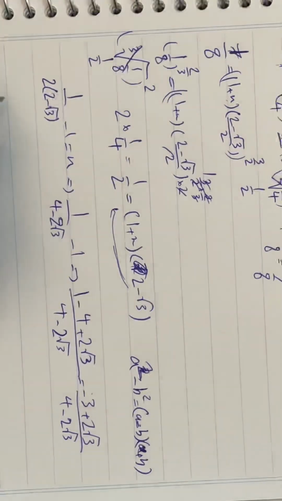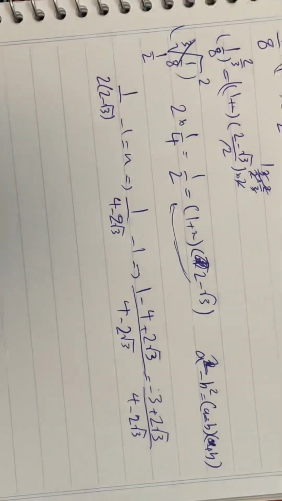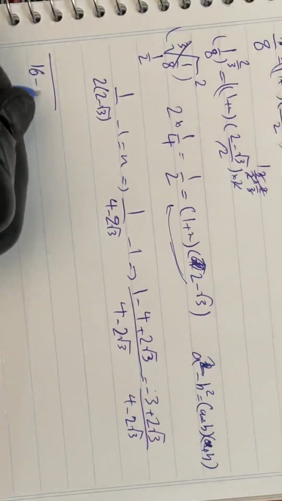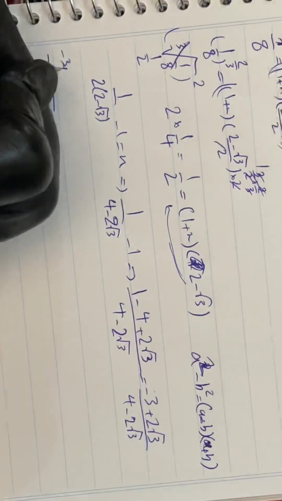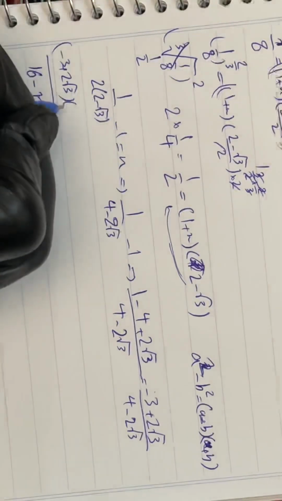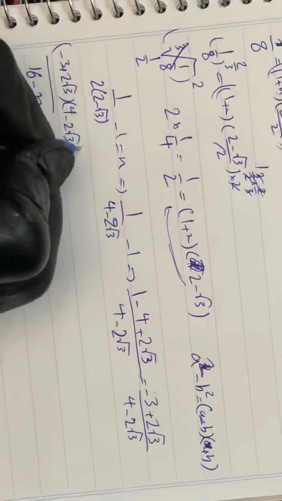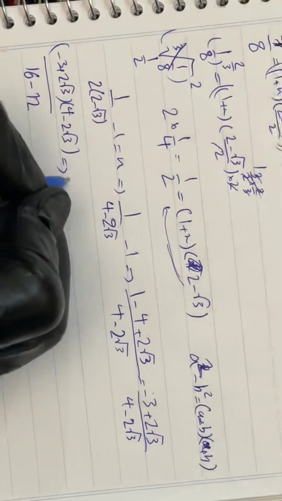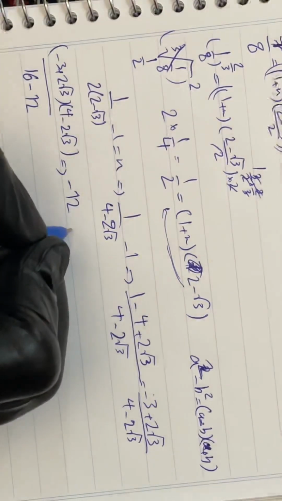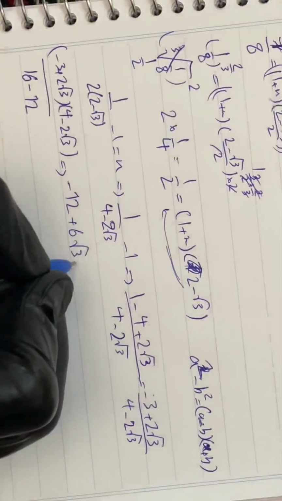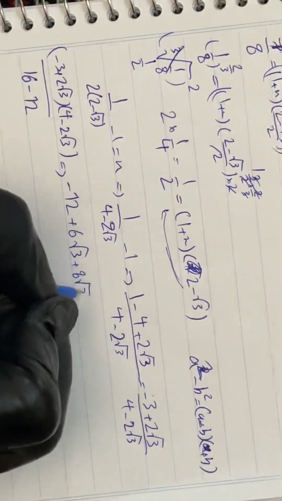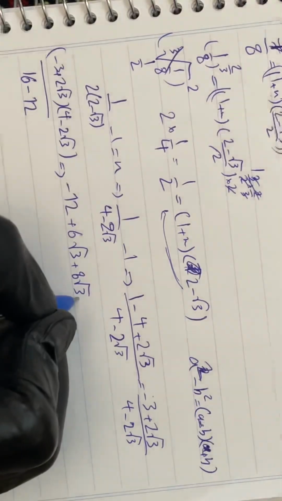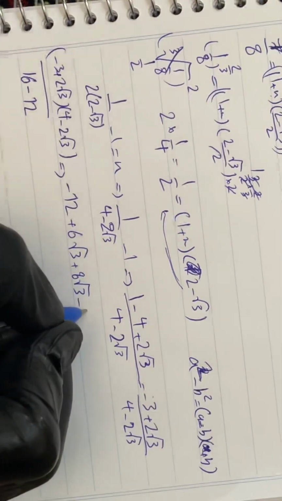For the sake of time, let me just write it. It would be 16 minus 12 in the denominator, and let me write the numerator first.